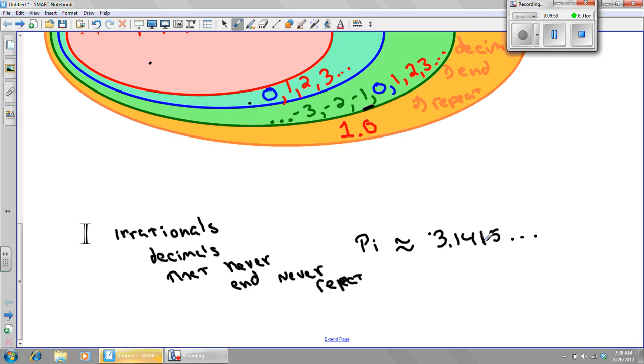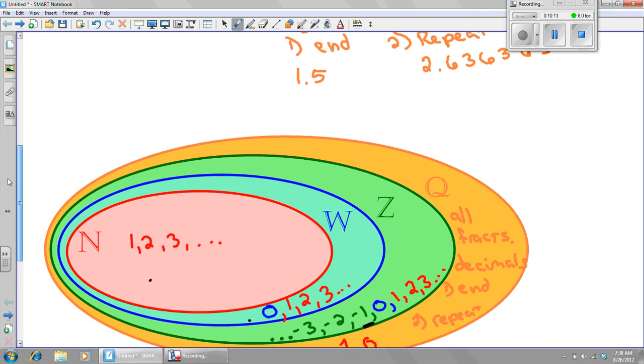So pi is not 3.14 as you might mistakenly believe. It's actually an irrational number, goes on forever. That one I did before, 1.213141..., is irrational. Negative 7.0456 is irrational. Okay, and let's get those in our Venn diagram up here.